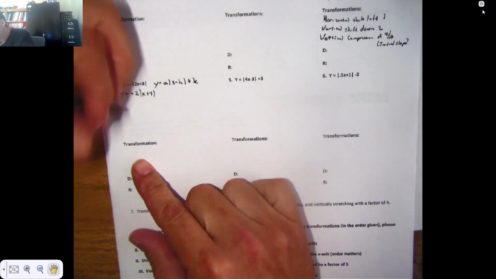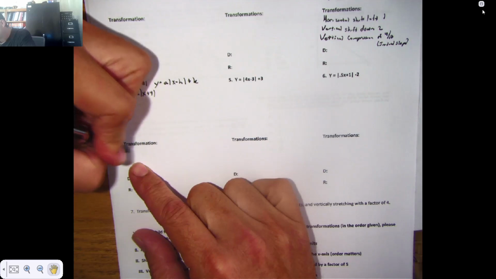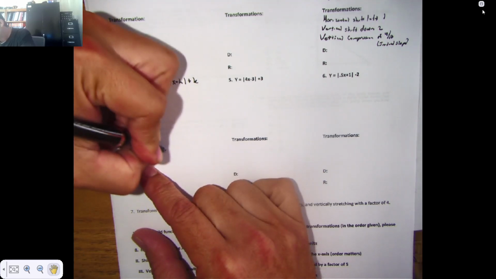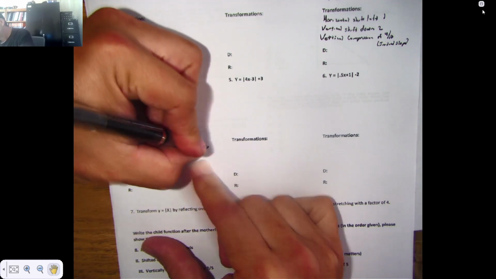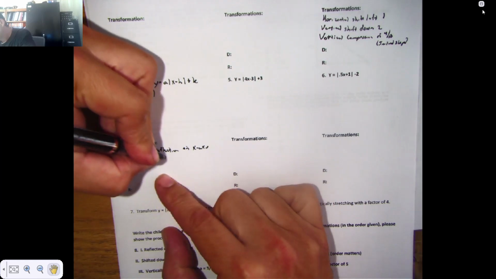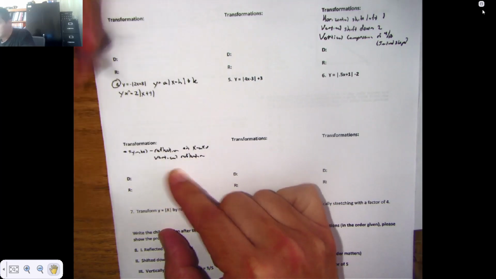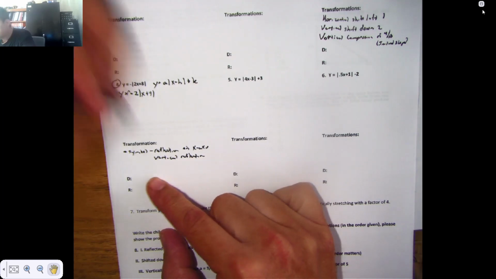The transformations here are a reflection, that negative symbol is a reflection on the x-axis. That's better known as a vertical reflection. And I have a horizontal shift left 4.